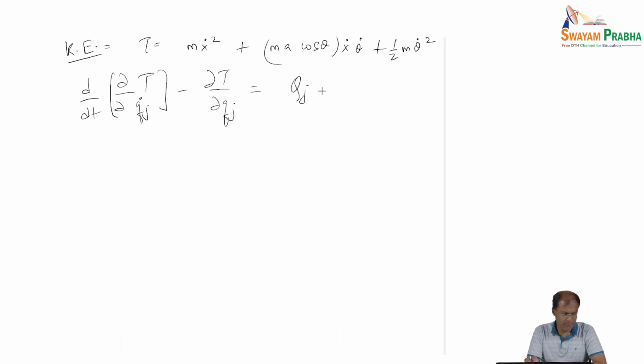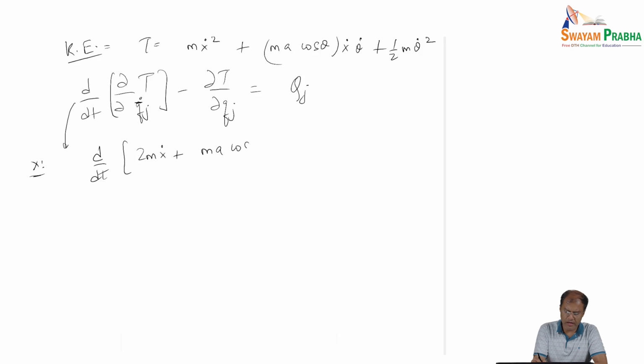So then how many equations do we have? We see that the Lagrange equation of motion for x dot, so we will have two equations here. So qj being a vector, for x we have the Lagrange equation as follows. This is d/dt of 2m x dot plus m a cos theta times theta dot, and this is equal to F of t.